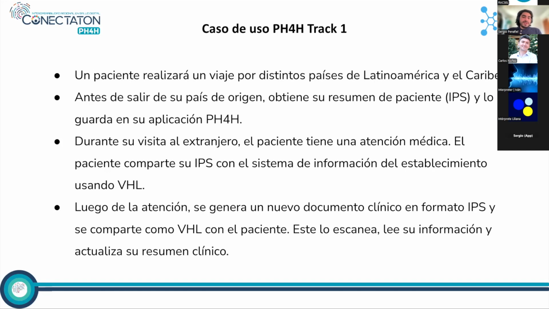And also, after the service has been provided, a new clinical document can be created with the new information for that patient, which can also be shared as a VHL, and then the patient will be able to scan that VHL, read their information, and then update the clinical summary.